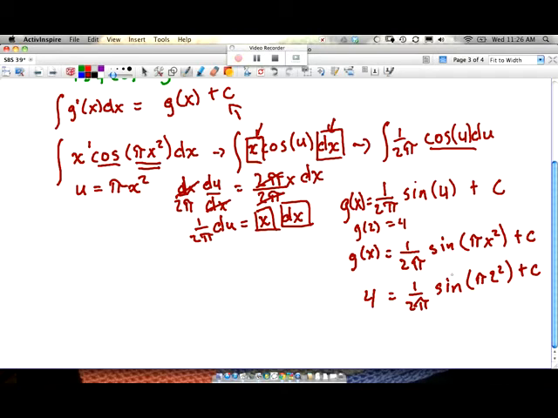Okay. So now, again, let's go through some of this. We're going to have 8 pi if we multiply both sides by 2 pi, equals sine 4 pi plus c.